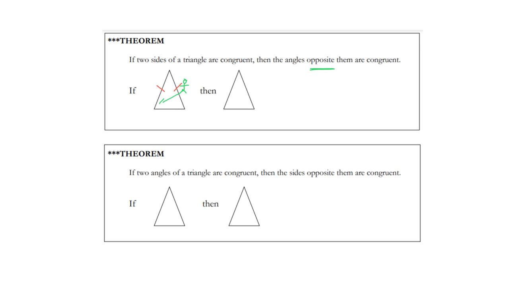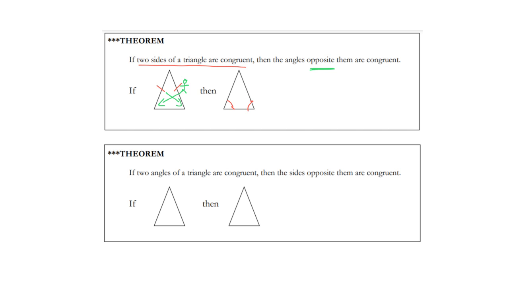Well, I would run over to there. So if I'm on this segment here, I'm running to the opposite angle that's down here. If I had been standing over here, the opposite angle would be over there, right? So that is the angles that are opposite them. So back to if two sides of a triangle are congruent, then the angles opposite them are congruent. That would mean that this angle is congruent to this angle.